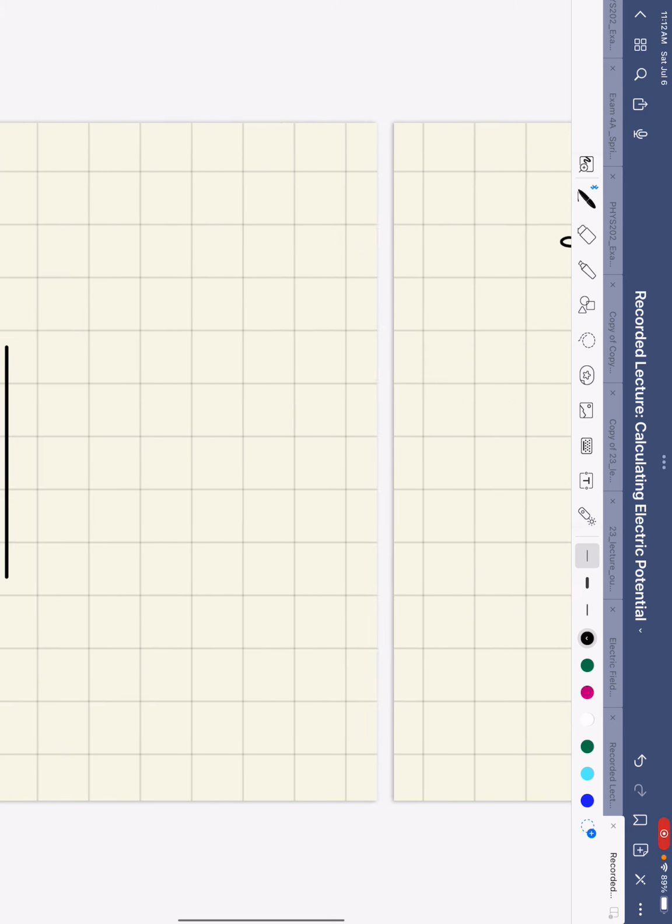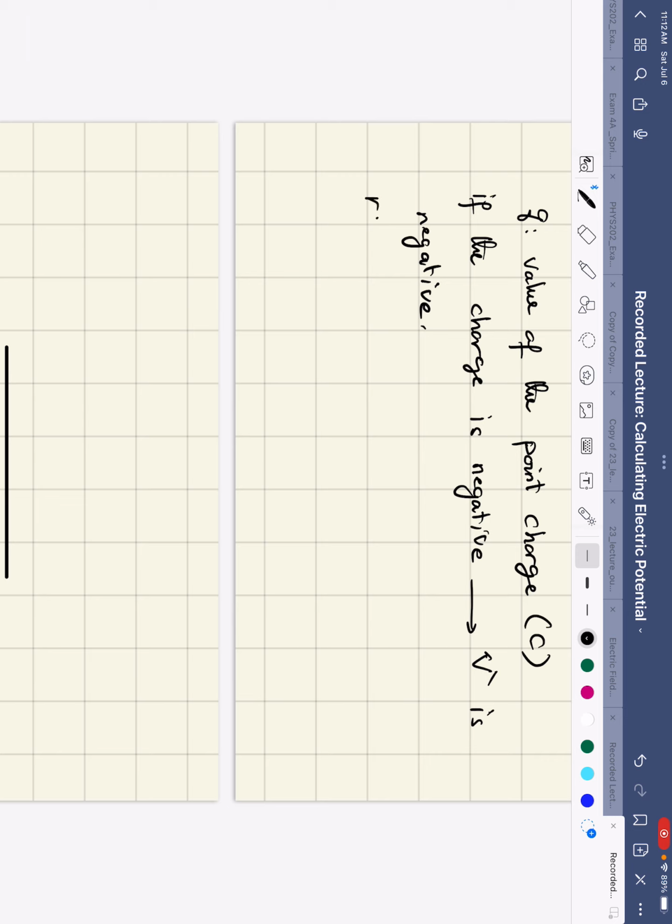Now, R here is the distance from the point charge to where the potential is measured or calculated.